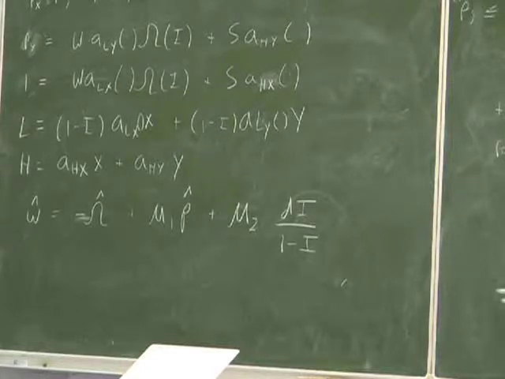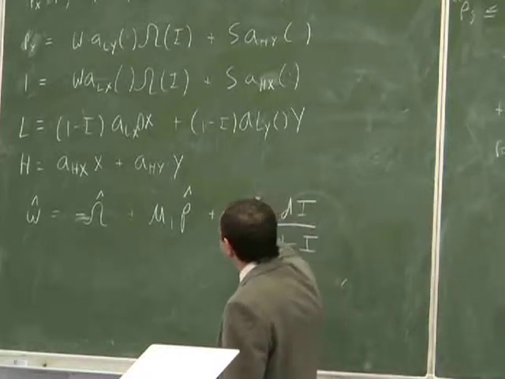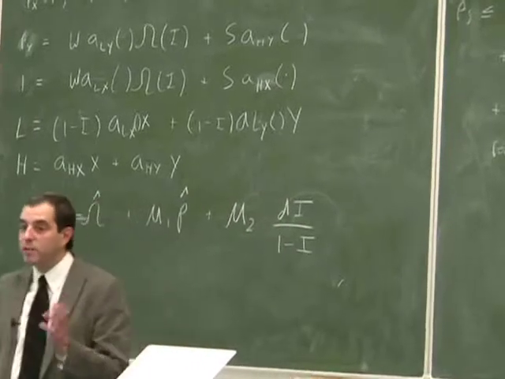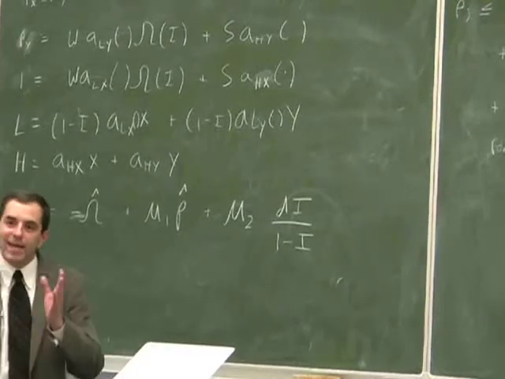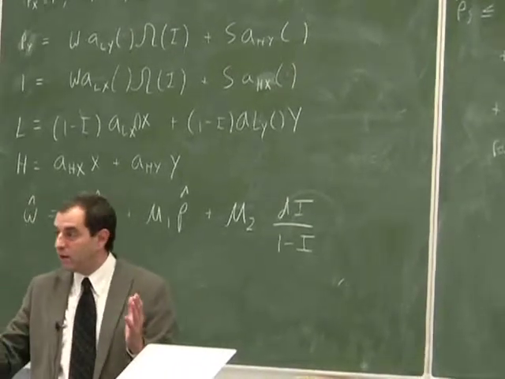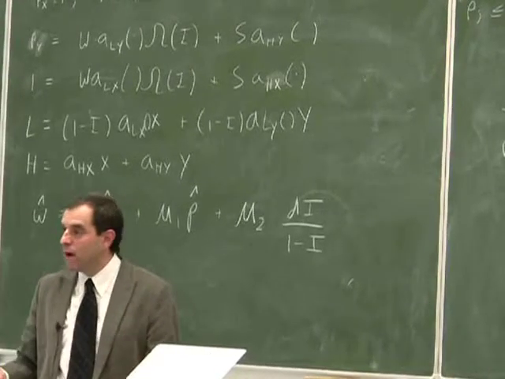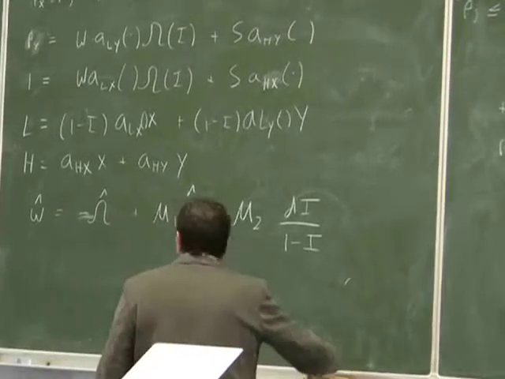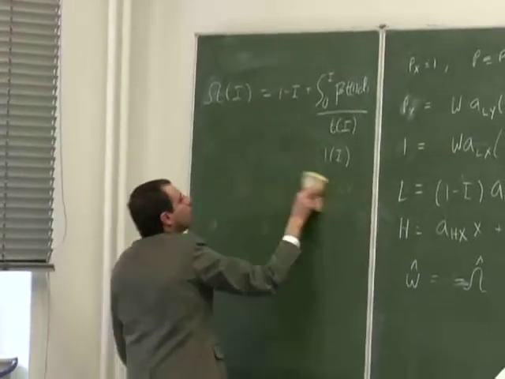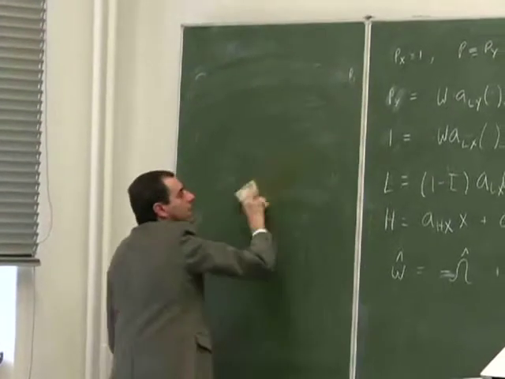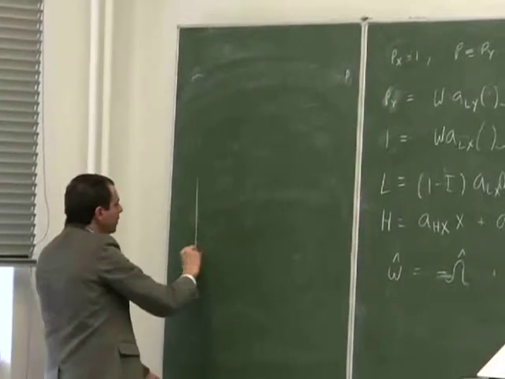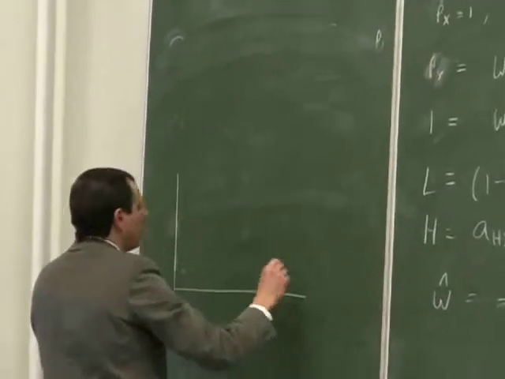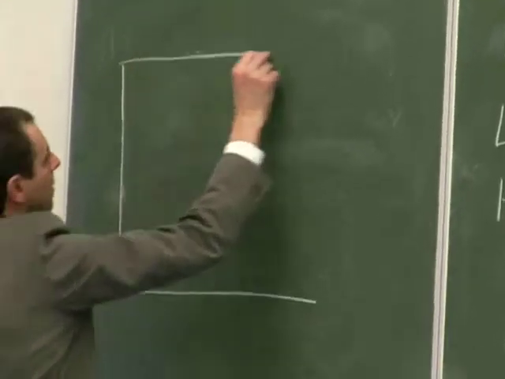So if we're freeing L, and we have two sectors with different degrees of demand for L, it's like an expansion of our endowment of L. If you go back to our previous box, let's start with a square, more or less.